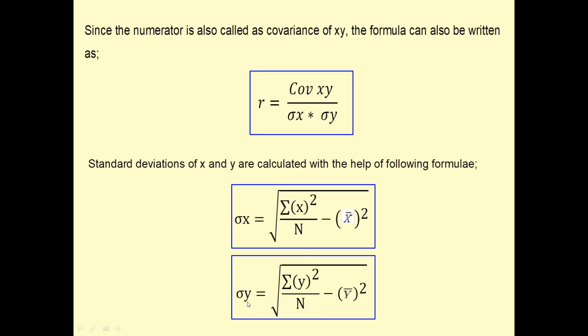Standard deviation of y is calculated in the similar manner, which is equal to under root of summation of y square divided by n minus y bar bracket square.